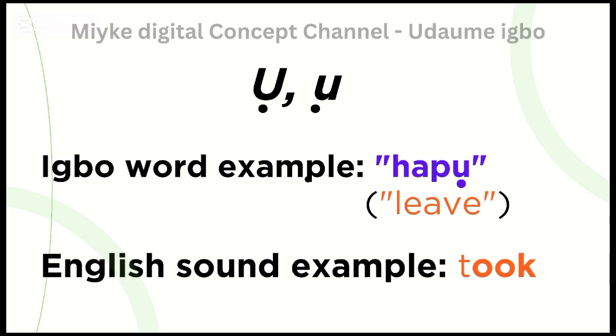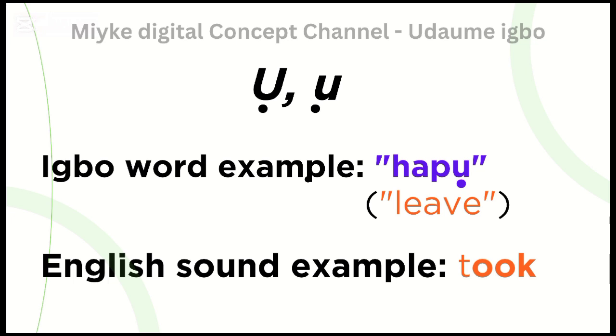And the U that has the dots at the bottom. In Igbo, an example you can say is hapo, leave. Hapo. You can see that U is being called with the throat, the sound from the throat.